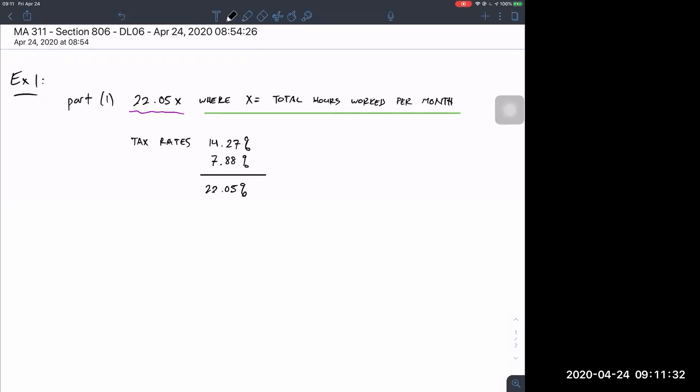However, if you're getting taxed 22.05%, how much do you take home, right? As most of you have probably heard before, you take home 77.85% of your income, right?